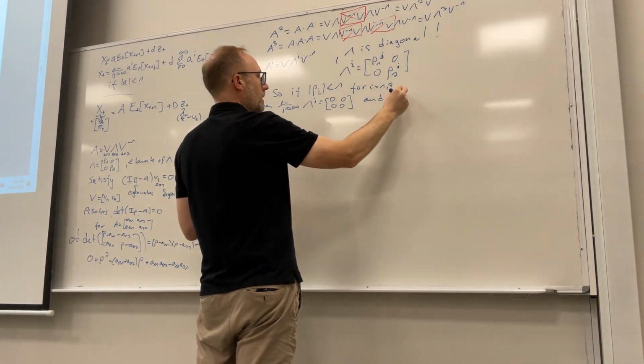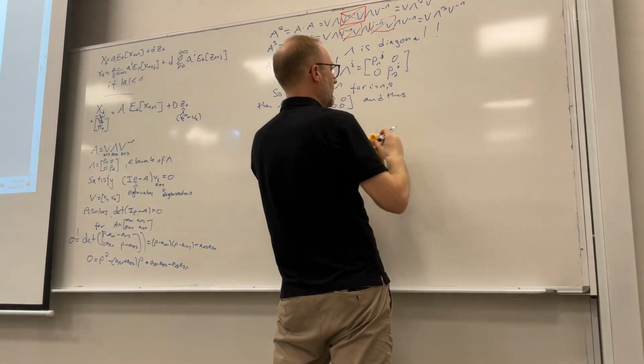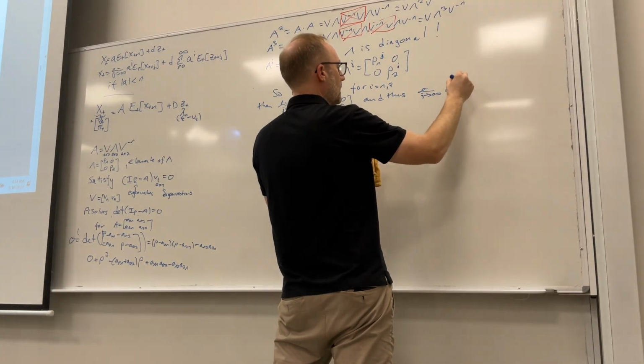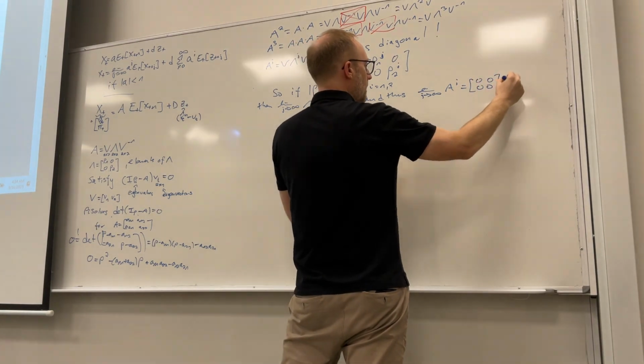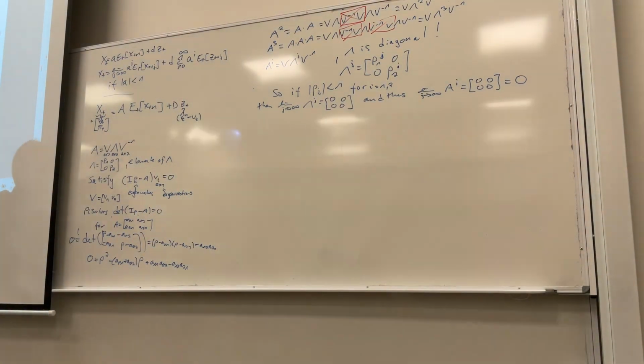And thus, A to the power of j, the limit, also just goes to the zero matrix.